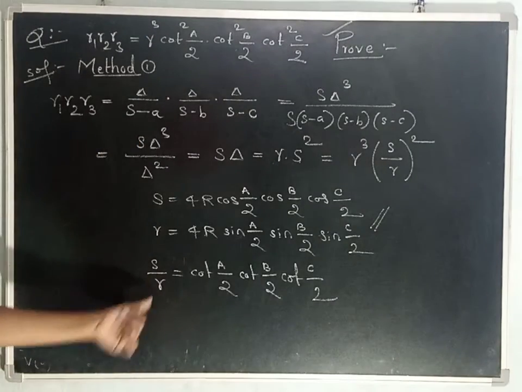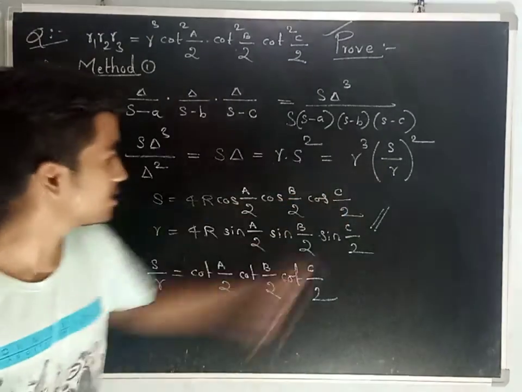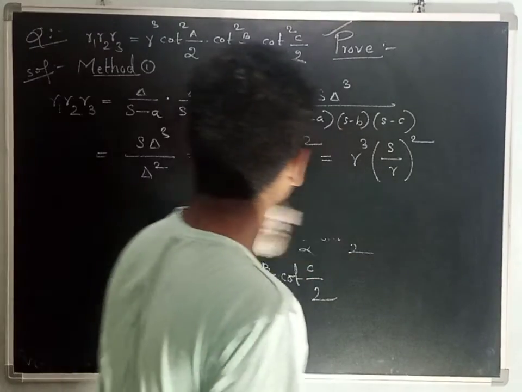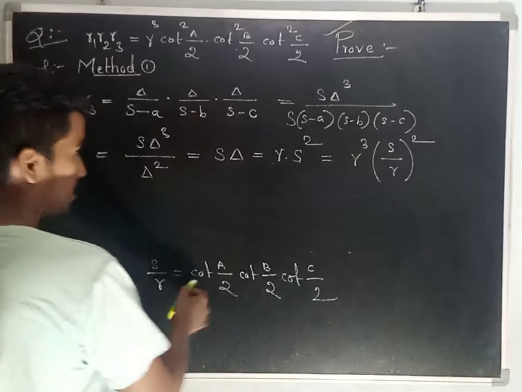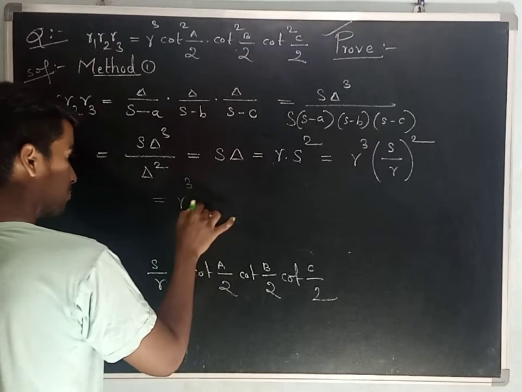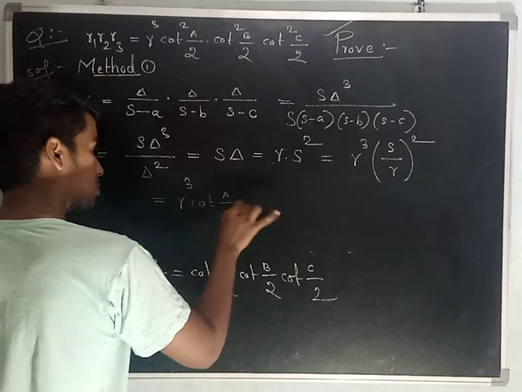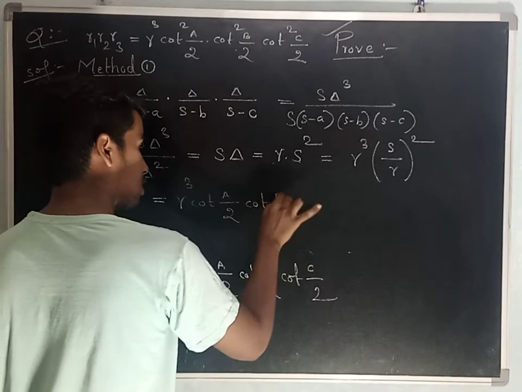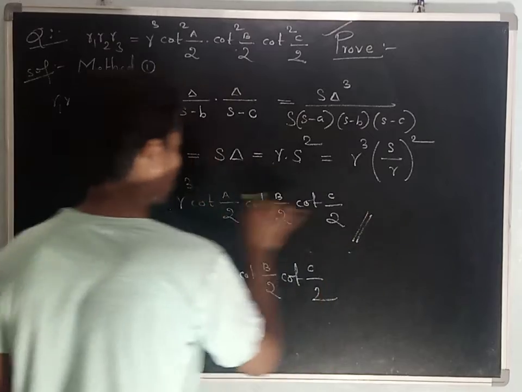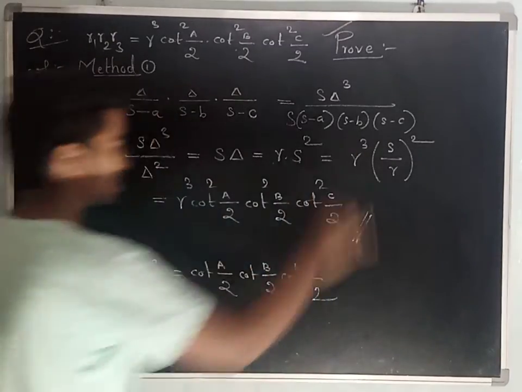Okay? S by R whole square, let me apply this here. Let me erase this part. Applying this here, we are going to get R cube into cot A by 2, cot B by 2, cot C by 2, whole square. That is cot square A by 2, cot square B by 2, cot square C by 2.